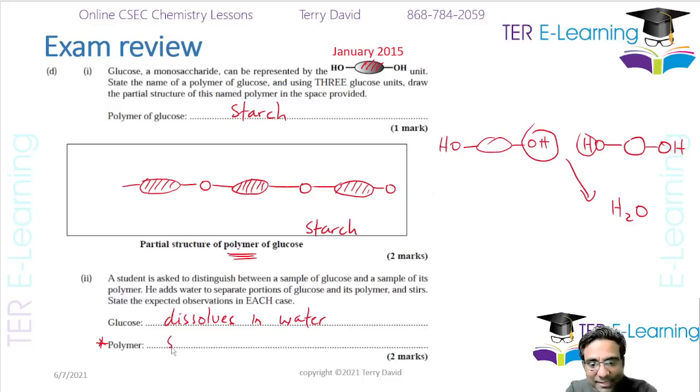So you need to say starch is insoluble in water, right? So 1 mark for each of those there. That's what they're looking for in that answer. So that's part D.